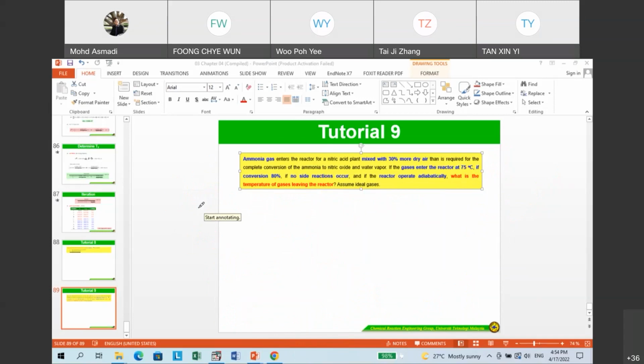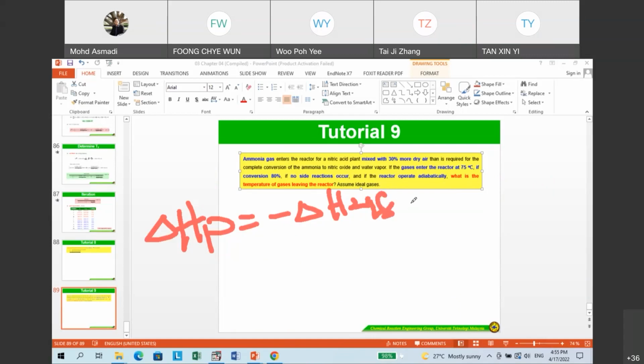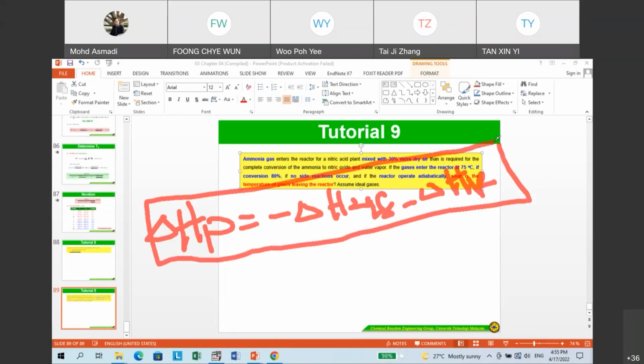Just rearrange the equation for delta HP, because delta H equals 0 for adiabatic. Previously, we didn't include delta HR in the previous example. Now, since the entering temperature is 75 degrees C, you have to consider delta HR, and then do iteration to determine the final temperature.